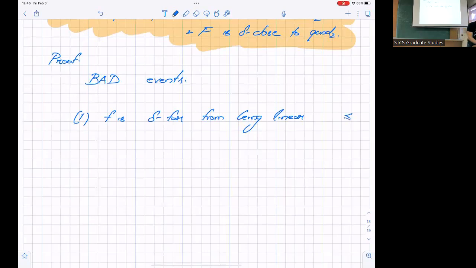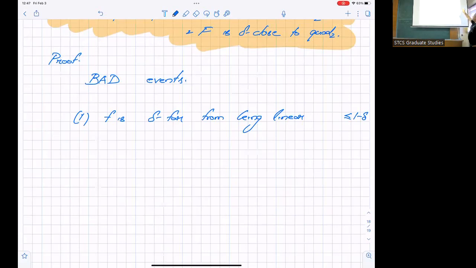Let me add up all the rejection in this one, to upper bound. It is 1 minus delta. I'm going to keep bounding that.